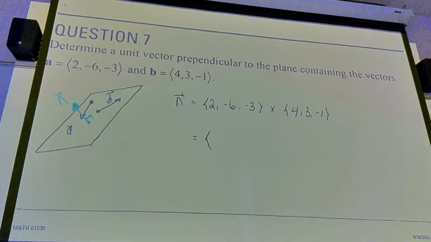So 6 minus -9. Two times -1, -2, minus 4 times -3.